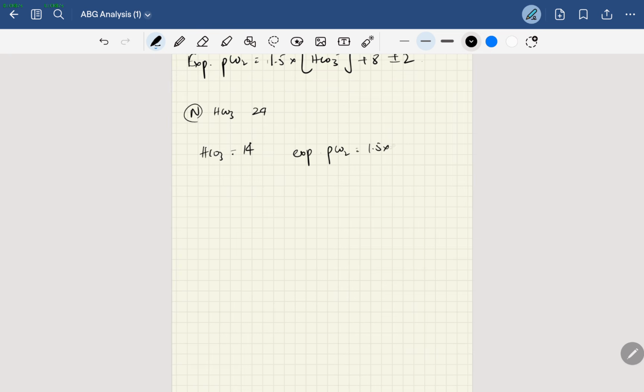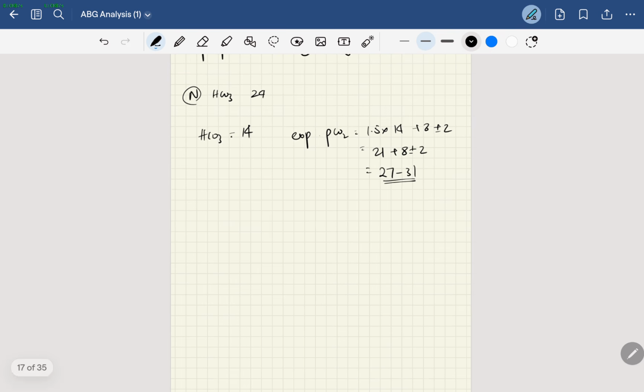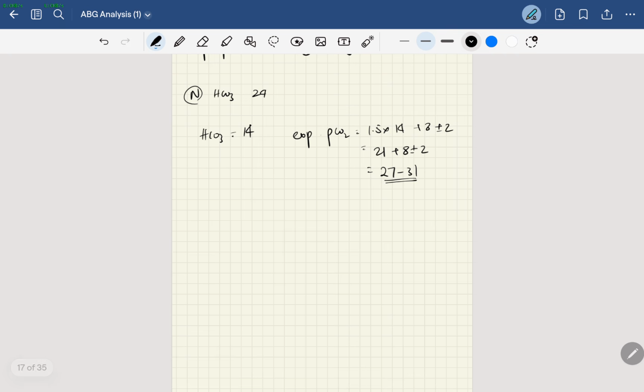It would be 1.5 times 14 plus 8, plus or minus 2. This is 21 plus 8, plus or minus 2. So this comes to a range of 27 to 31. Now suppose in a scenario with bicarb of 14, the patient's PCO2 was actually 40.